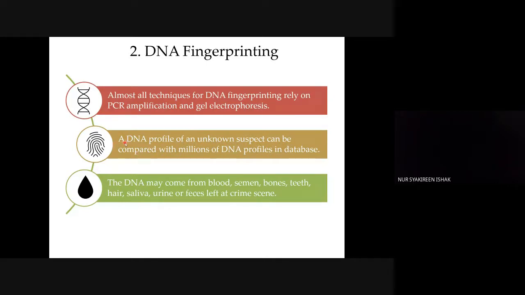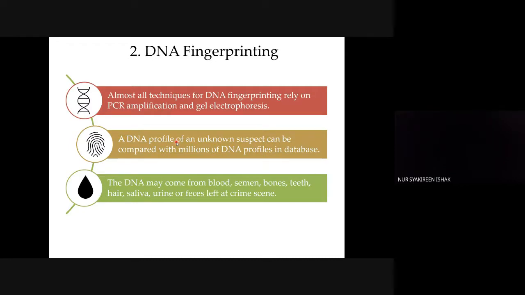And then second, a DNA profile of unknown suspect can be compared with millions of DNA profiles in the database. Okay, so dia akan menghasilkan DNA profile lah kan, corak pattern DNA tu, kita namakan dia sebagai DNA profile. Okay, so kita boleh compare lah suspect punya DNA profile dengan database, for example, ataupun father punya DNA profile dengan anak dia.